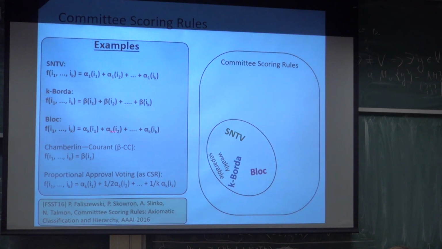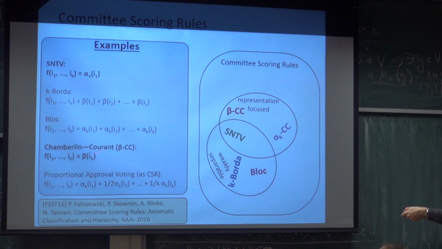If this function does not depend on k, then we call this simply separable. So k-Borda and SNTV are separable, Block is only weakly separable. If the function depends only on the position of the top guy, like in SNTV and in Chamberlin-Courant, then we call them representation focused.